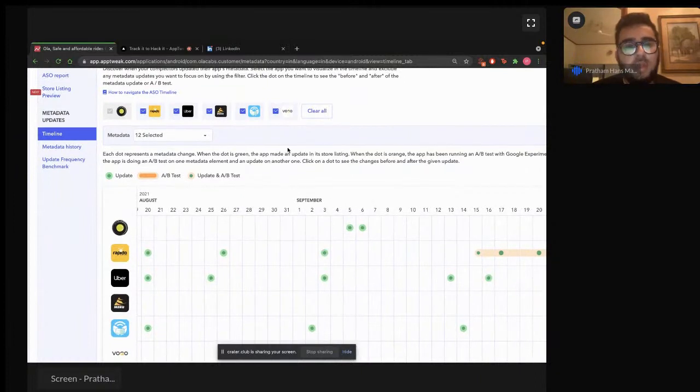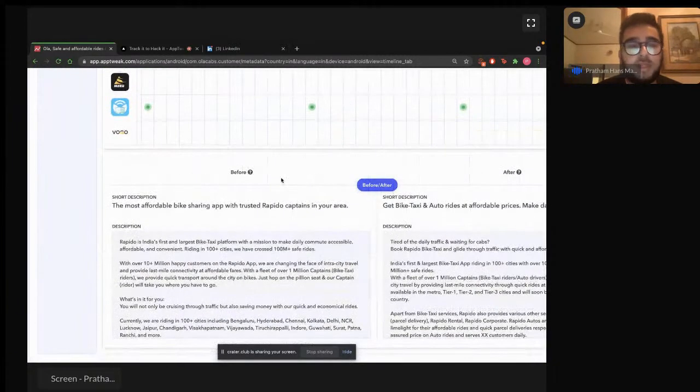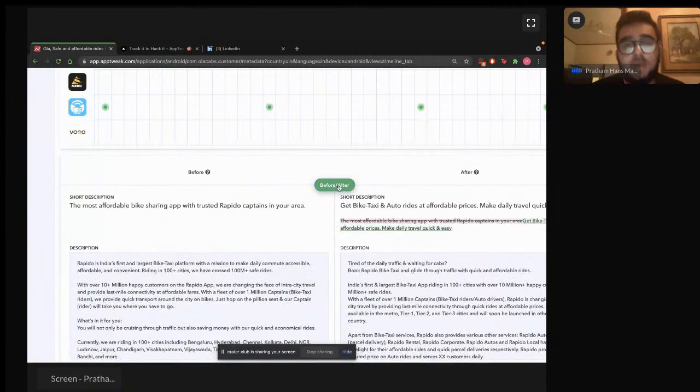Now, on the platform, you might be noticing that there are a lot of green dots and the orange line as well. Now, this orange line refers to an A/B test, whereas a green dot refers to an update. Now, why is this important, or what's the tip to be taken from here? Firstly, we need to understand what kind of changes or what trend our competitors are following in terms of making updates to the app, as in what keywords they are primarily focusing on and what updates they want to make.